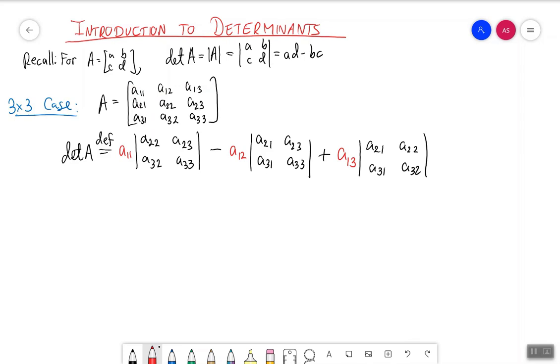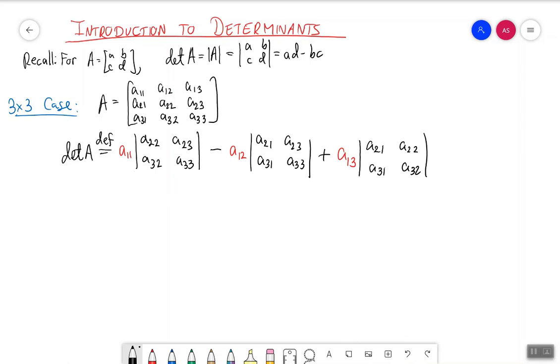Then for A12, we look at that entry and we remove the column and the row that it's in, and we're left with the matrix A21, A23, A31, A33, and similarly for A13.